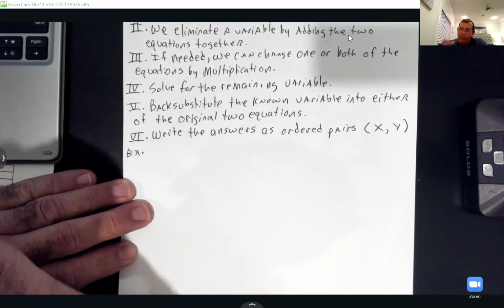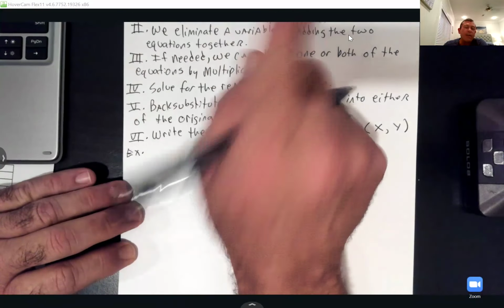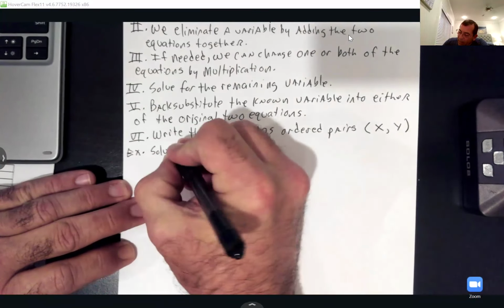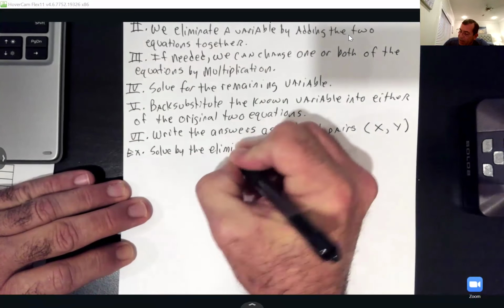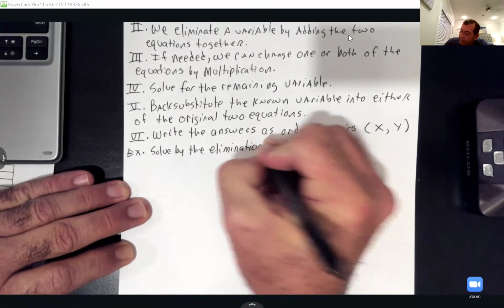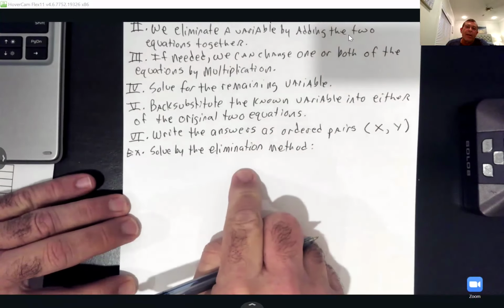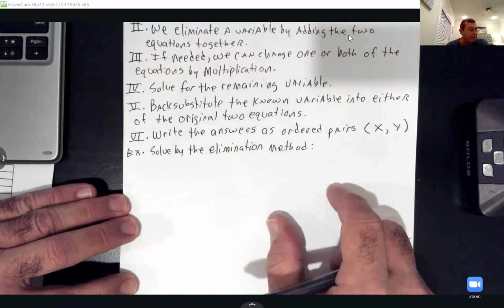So, let's start with a two variable system. And now these will say solve by the elimination method. And they call it elimination method because we're eliminating one of our variables to solve for the other one, okay?